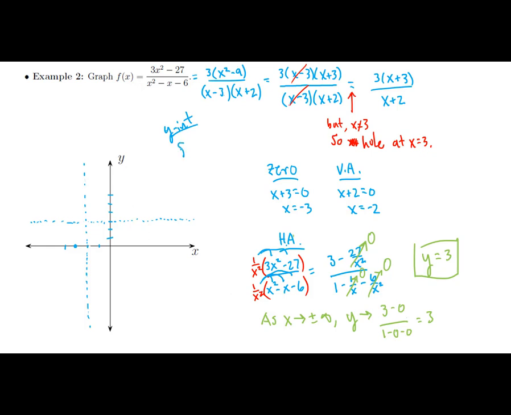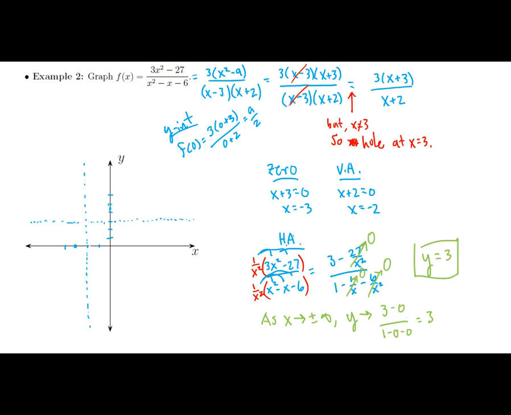So f of 0, and I'm going to use this version because it looks pretty easy, is 3 times 0 plus 3 divided by 0 plus 2, which is 9/2, which is just 4.5. So that goes up to 4.5, so I cross right there on the y-axis.